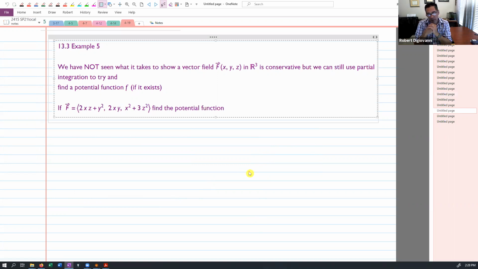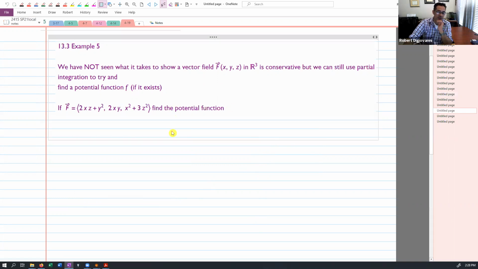But if I give you a vector field, you can still try and find a potential function. Without knowing if it even exists, you can still try.